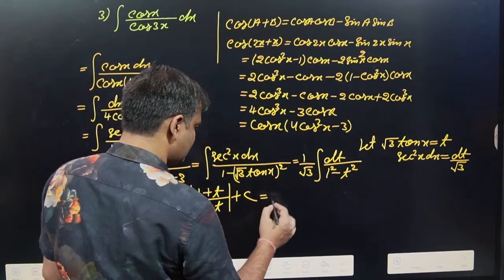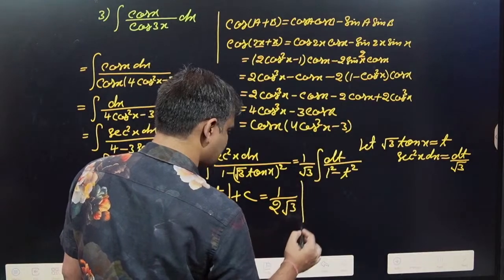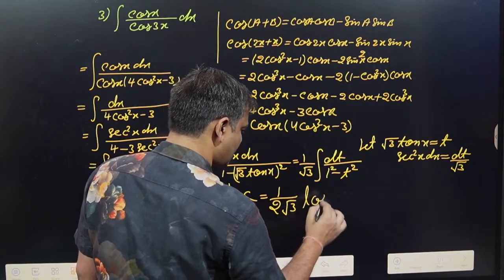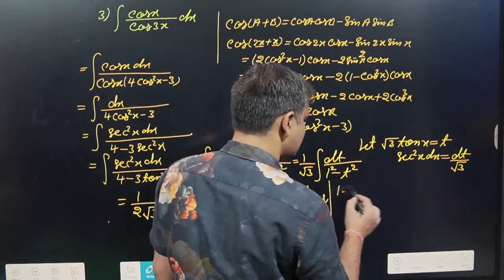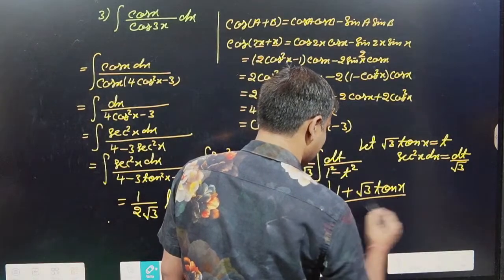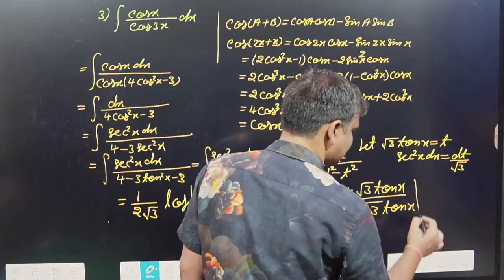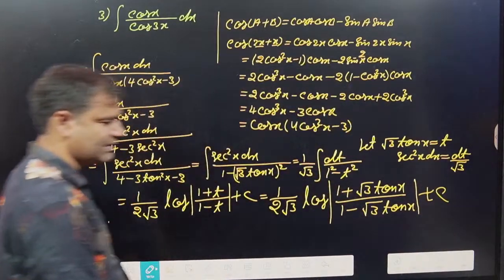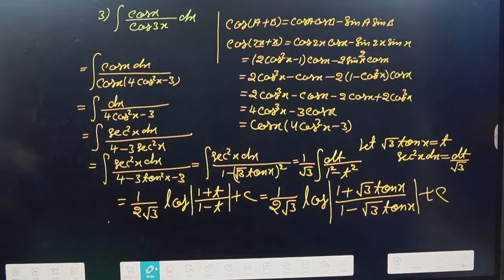So you can say 1 upon 2 root 3 into log of mod of (1 plus root 3 tan x) divided by (1 minus root 3 tan x) plus c is the right answer. If anyone faces any doubt at any step, then comment.